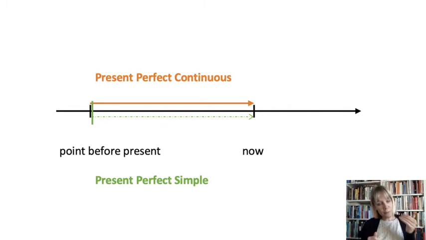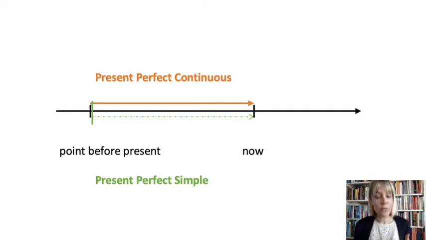So the perfect starts before now in the present perfect, but the activity or state is of relevance for this point of time. So that's why you also have the arrows here. So the orange arrow is really showing you, well, this is something that is continuing up to now or even past now.